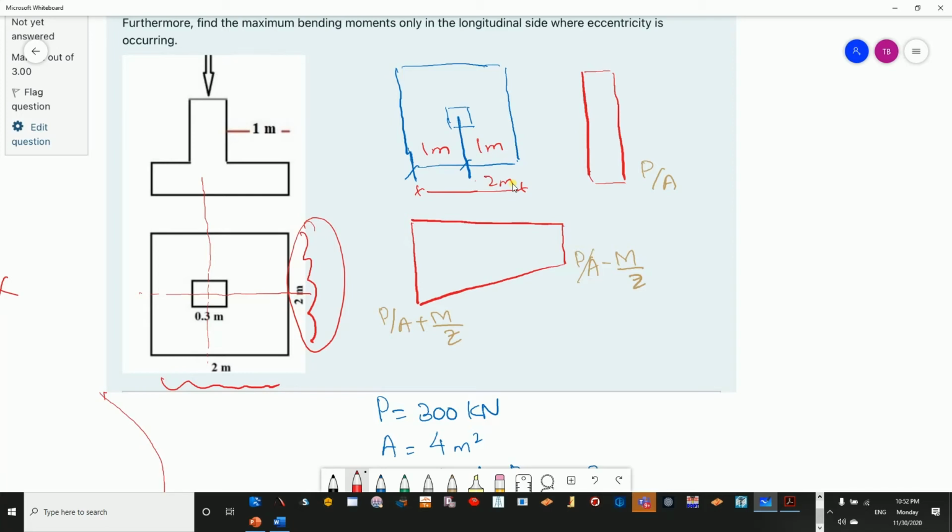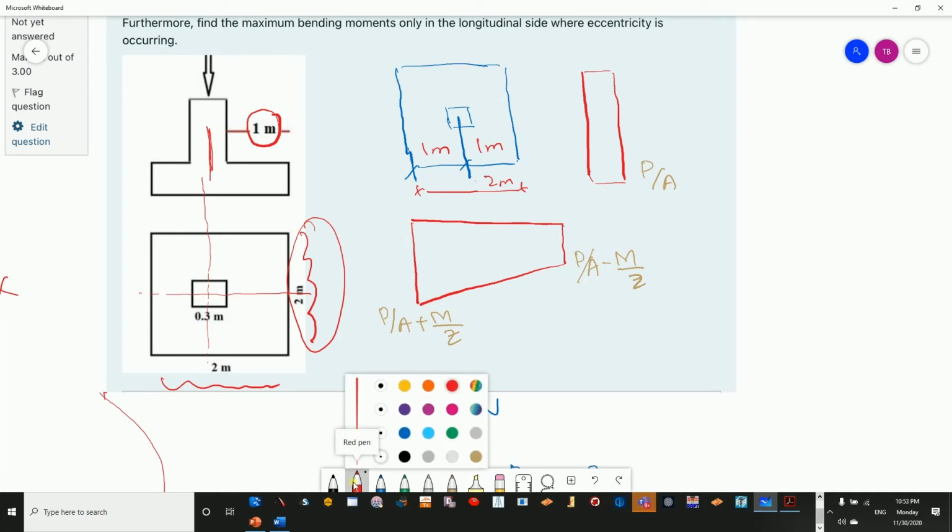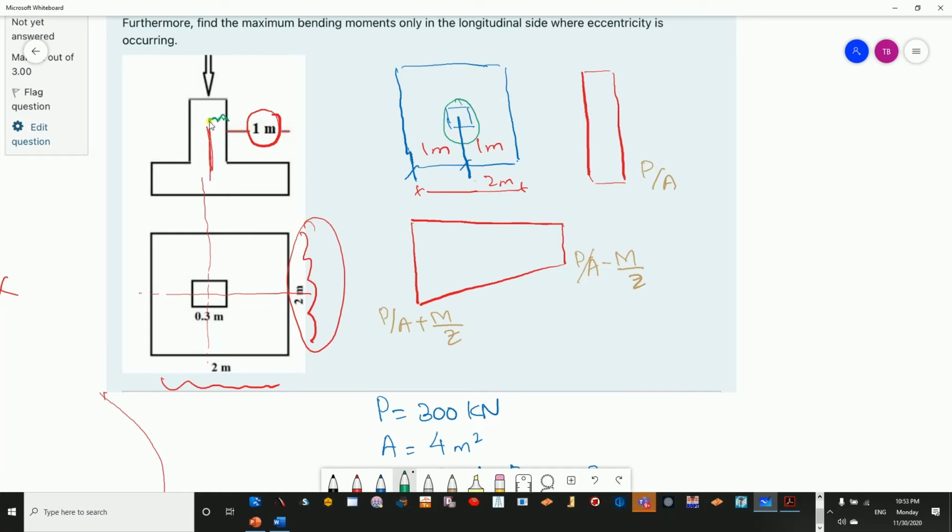Now, the given 1 meter is to the face of the column. We require the distance to the center of the column. The difference between this distance, which is 1 meter in the regular scenario, and the actual scenario is 0.15, as the column side is 0.3, so half of 0.3 is 0.15.